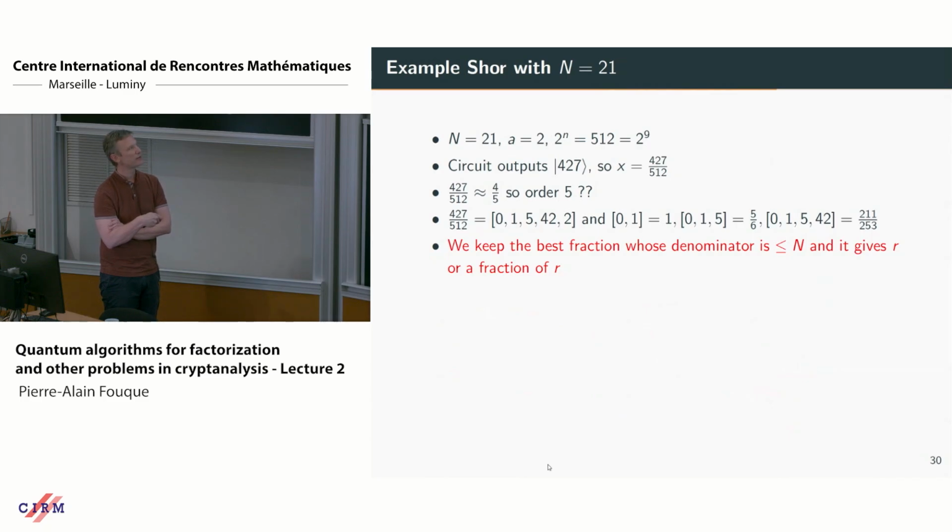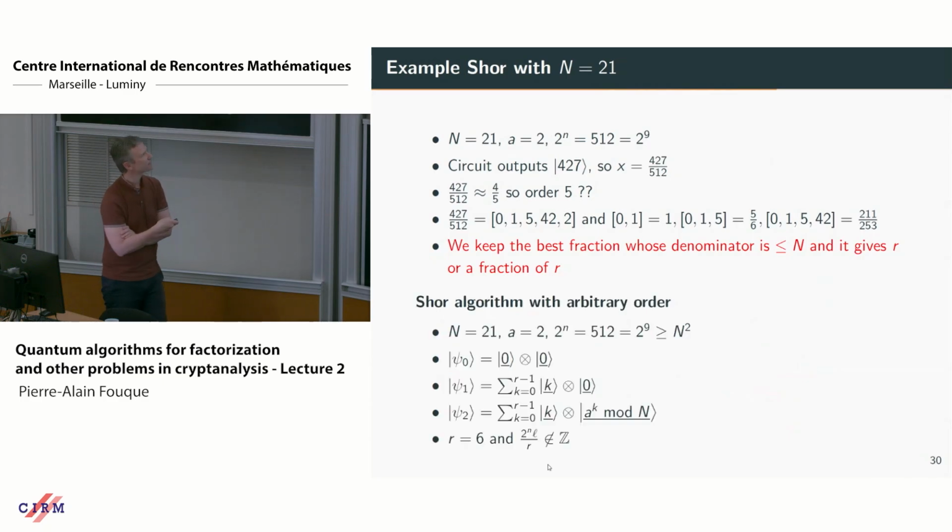So if we go up to this value, we are above 21, and we have to stop before. Here 6 gives you the correct value for the order r. So I explained that the order of a is equal to 6, and it is exactly the value that I'm looking for.